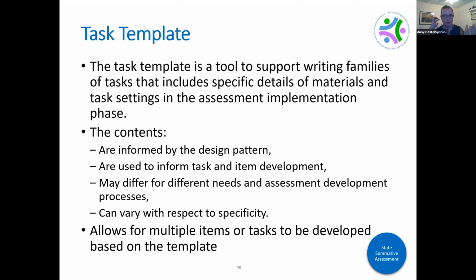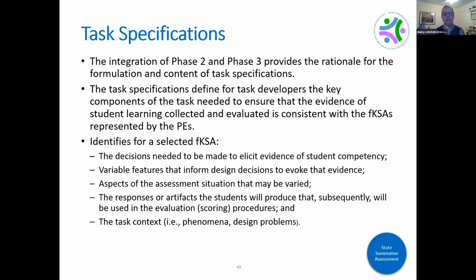We wanted to start with the task template, but then move to, okay, now let's get even more specific, because we want to start thinking about what kind of phenomena we might be able to create this from. Again, it's about narrowing down the possibilities so that you can give this to task developers and they can create tasks. You don't want it so specific that it's only one task, but you do want to start narrowing things down. This builds from the design patterns to the task templates.